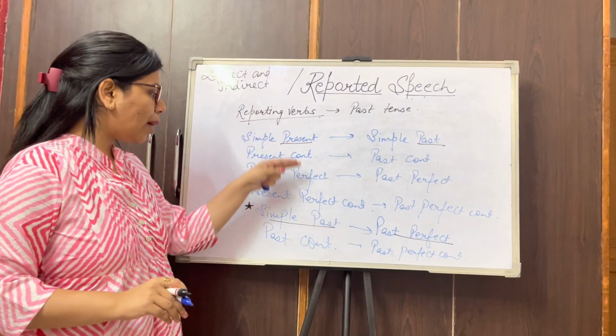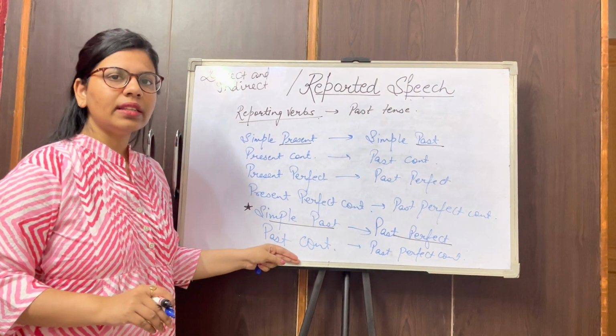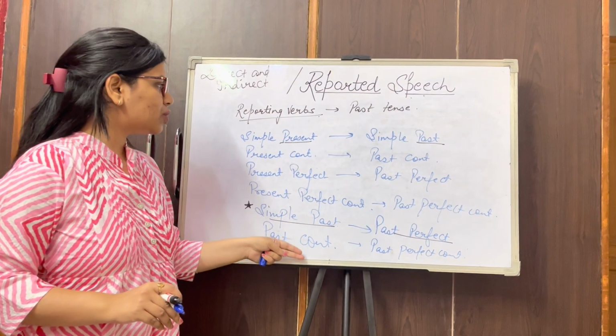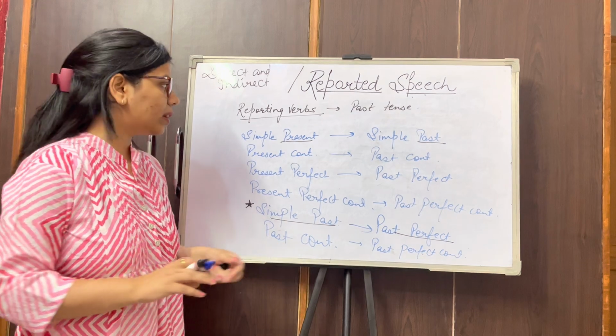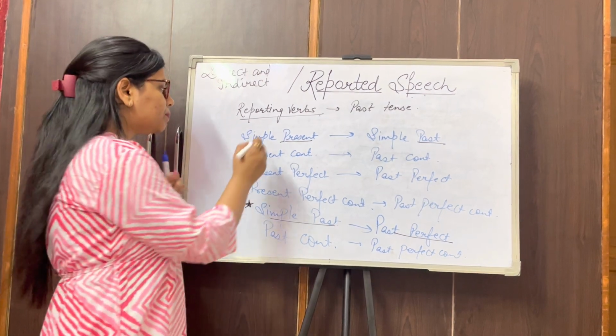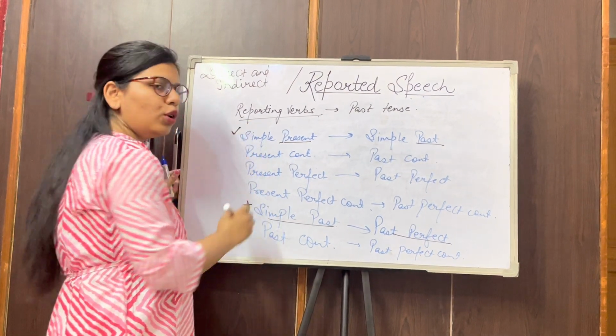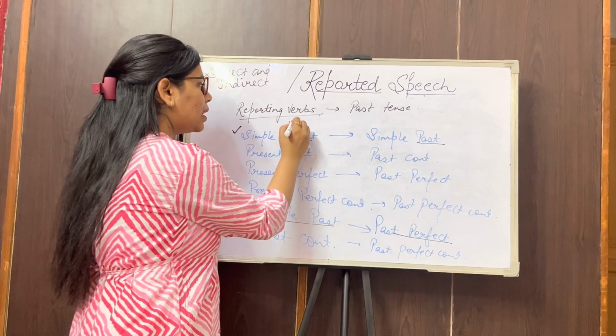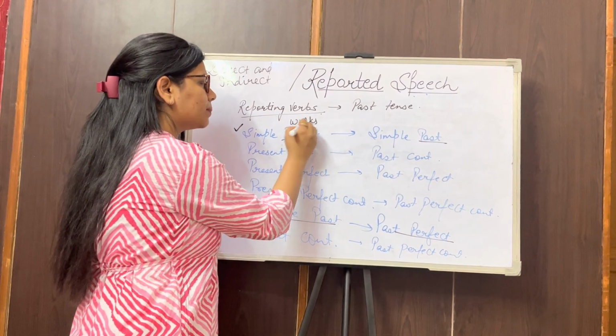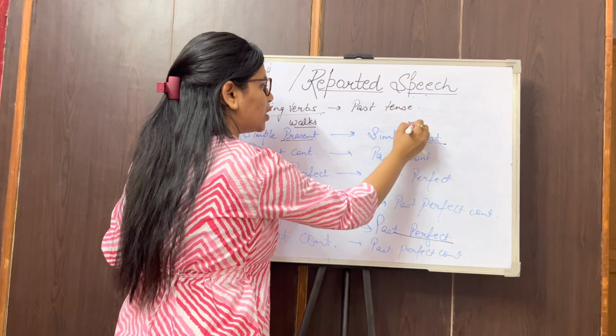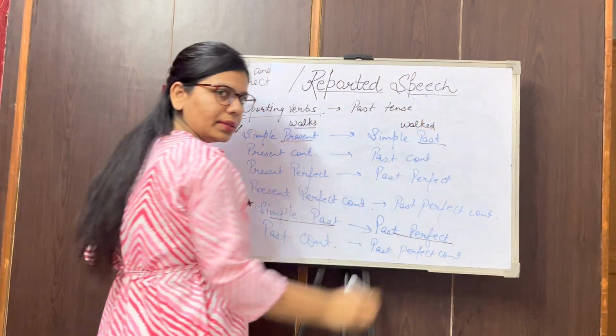Now you don't have to worry about these tenses, or you don't have to take stress about how you are going to remember it. It's very simple. Yes, you have to be careful over here. For example, if there is a verb walks, that obviously will change to walk.